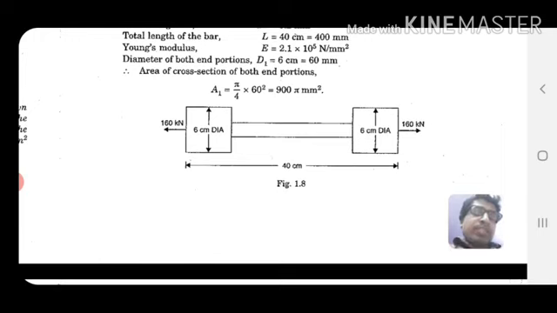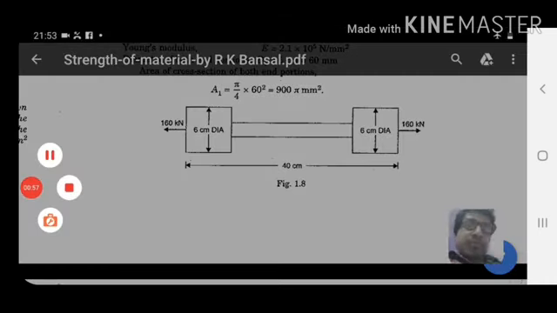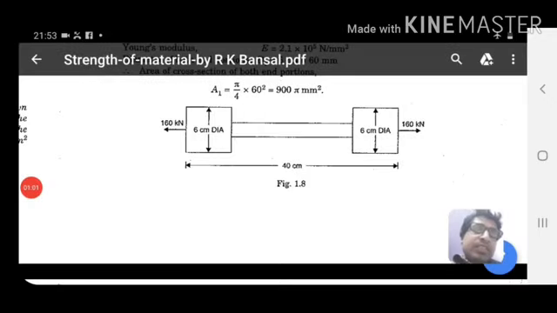So diameter of the both end portion, capital D1, is equal to 6 centimeter, that is 60 millimeter. Area of the cross section of both end portion A1 is equal to pi by 4 into 60 square, that is equal to 900 pi millimeter square.